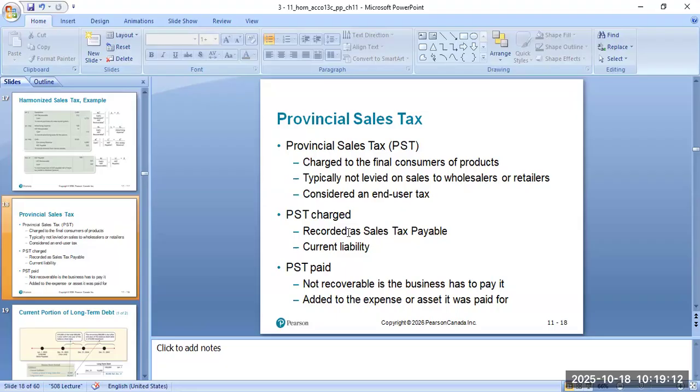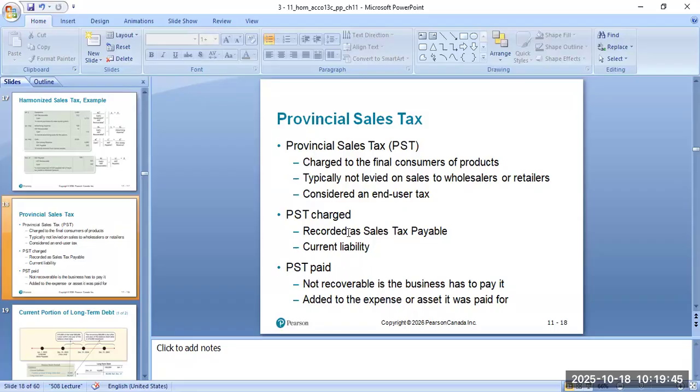In very, very small instances, you might be able to recover the PST and offset it against the PST payable. So for that reason, the PST is completely different. If you end up working with a company that charges the PST and shows the GST recoverable, be very careful, please.